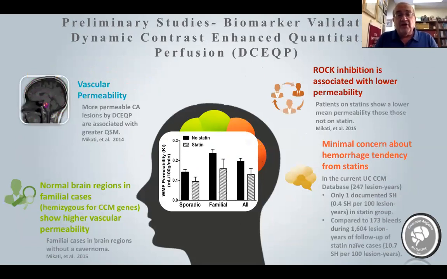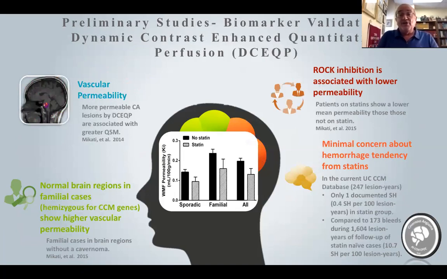Next slide. Now the other biomarker is this permeability biomarker. So we give gadolinium and we measure how much leak there is in the lesion and in the brain itself. And we have already found and published that people who are taking statin for their heart or for cholesterol, in fact, have lower permeability in their brain. And we showed that in cavernous angioma patients.